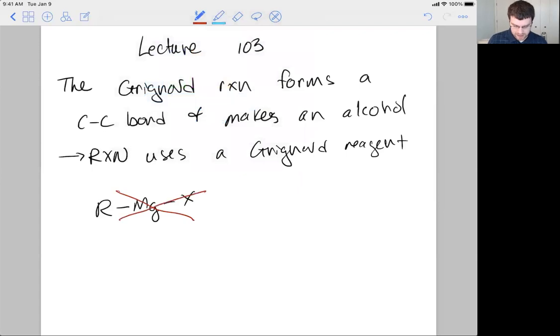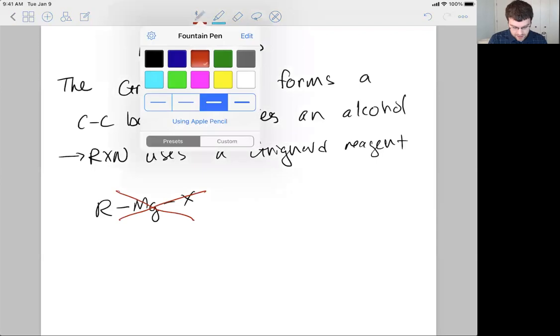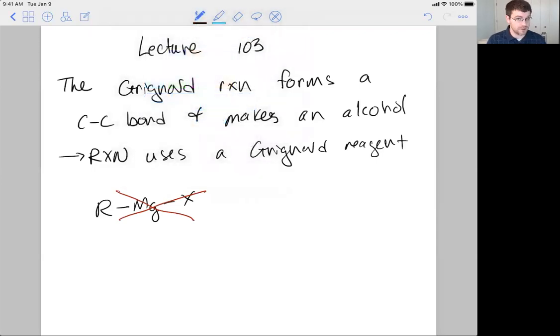I'm going to cross out magnesium because it's just another metal. It's kind of like lithium and sodium. It does have more covalent bond character, so this isn't totally accurate, but it does describe the behavior and the reactivity. If I cross that out, I get my R minus, and we just assume that the magnesium sort of dissociated. It kind of doesn't, but if we do that, we can see that we have an R minus.